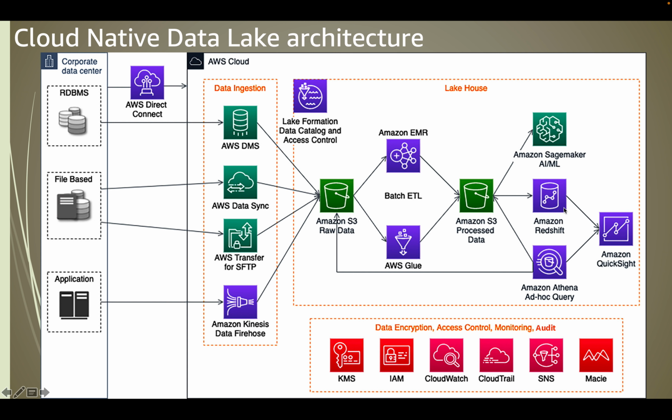The business analytics person is coming and using QuickSight to visualize it, or doing ad hoc queries and getting the data insight, joining more data if needed. And you can load the data into Redshift and perform a large number of queries there, which is very scalable. And then you see Lake Formation, which does the data cataloging and security governance, who should have access or not.